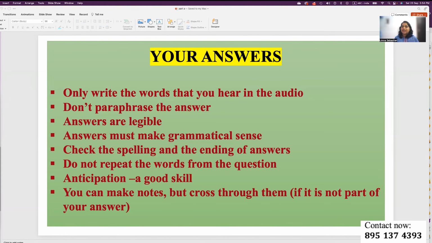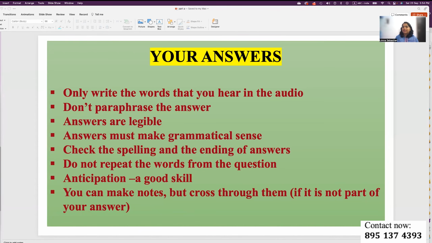Okay, answers should be legible and readable, and answers must make some grammatical sense. Always think about it: if they have written "both," it means two answers should come, and also sometimes check whether it is plural or singular. Then check the spelling in the answers. A minor spelling mistake they will accept, but if the meaning of that word is different, they will not give the mark.